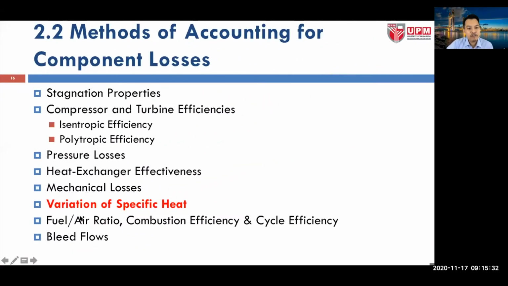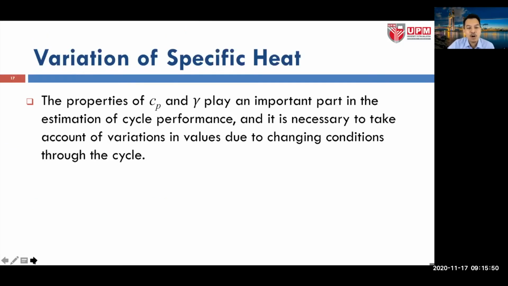Let us look into the variation of specific heat. Earlier we mentioned the specific heat at the turbine and the specific heat capacity at the compressor. They are different. So what are the effects of the variation of the specific heats? The specific heat capacity at constant pressure and the specific heat ratio gamma play an important part in the estimation of the cycle performance, and it is necessary to take account of variations in values due to changing conditions through the cycle.